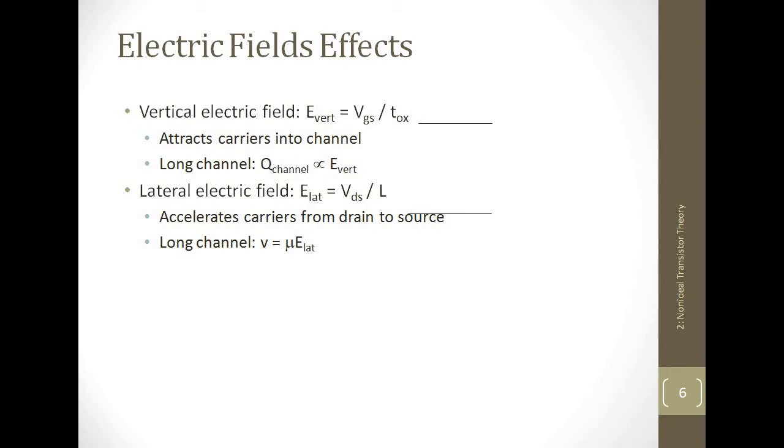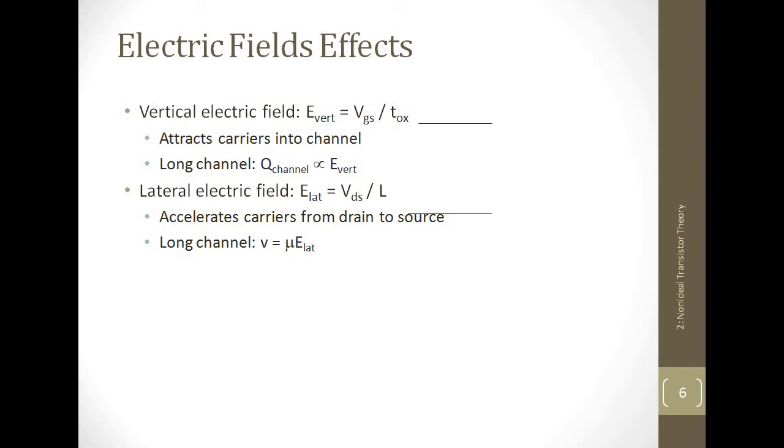There are two types we are seeing here: vertical electric field and lateral electric field. The vertical electric field is given by the formula E vertical equals VGS upon oxide thickness.